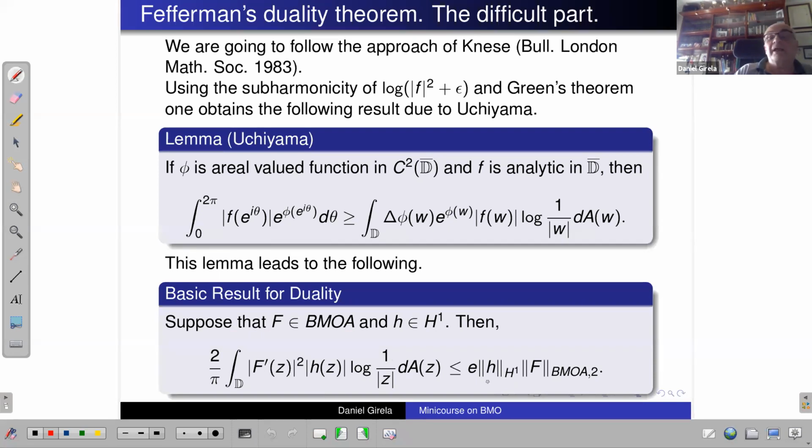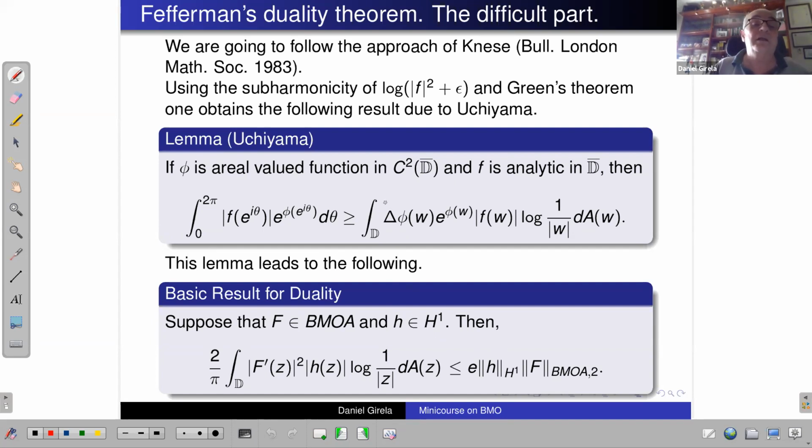This is bounded by a constant times the H1 norm of h times the BMO norm of the function. So this is what I call the basic duality result, and this is a consequence of Uchiyama's lemma.